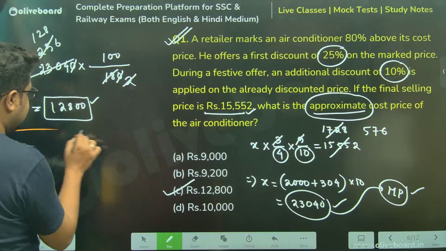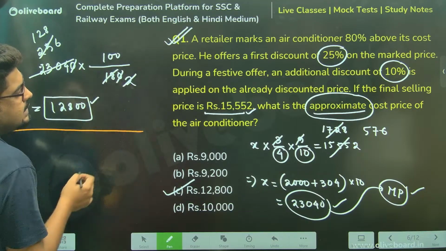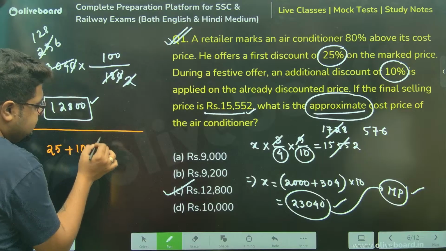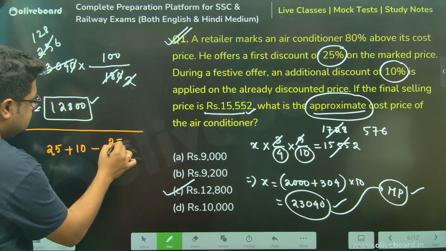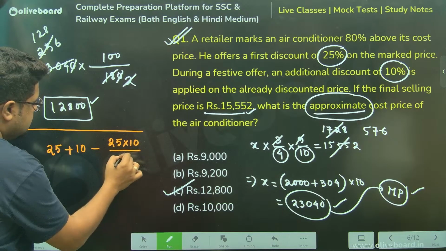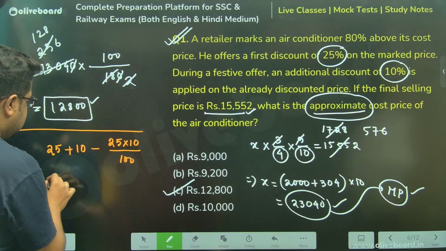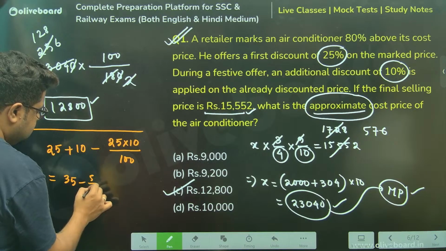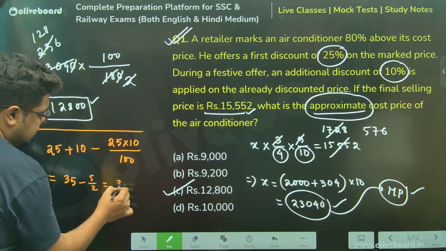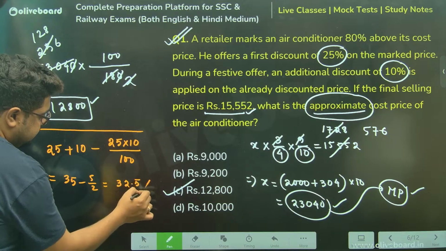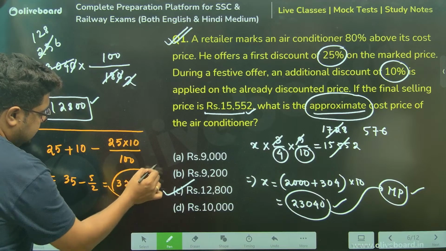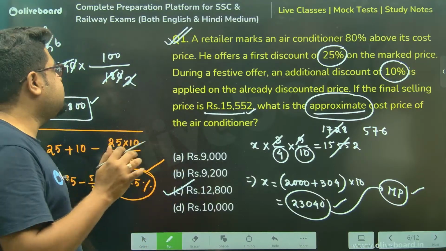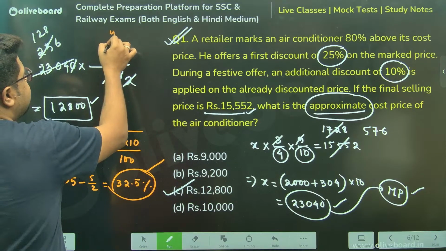Let's do one thing. 25% and 10%, so successive, let's figure out the net discount. This is the net discount, which will be 35 minus 5 by 2, so this is 32.5% actually. On some CP, let's say CP was Y rupees.